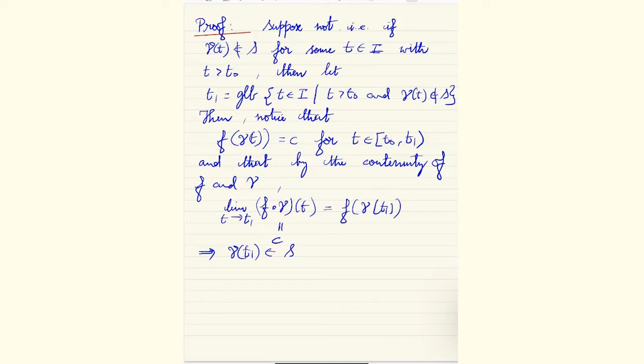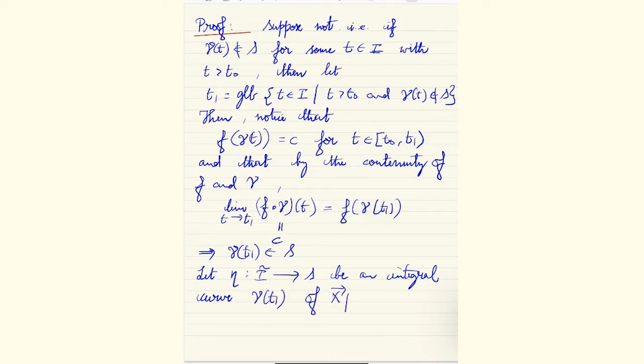Now suppose I take some other, so let eta be an integral curve through gamma T1 to x.